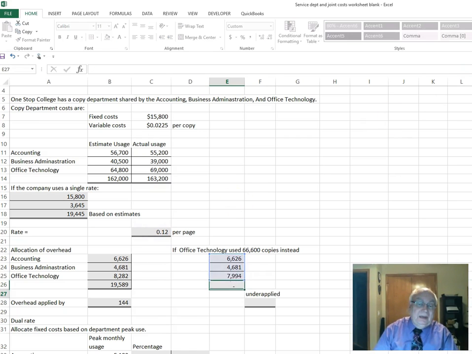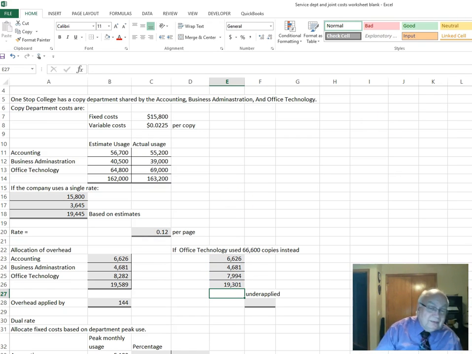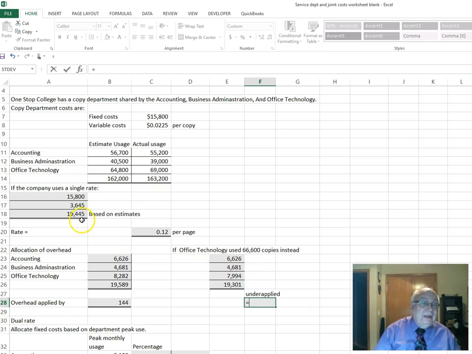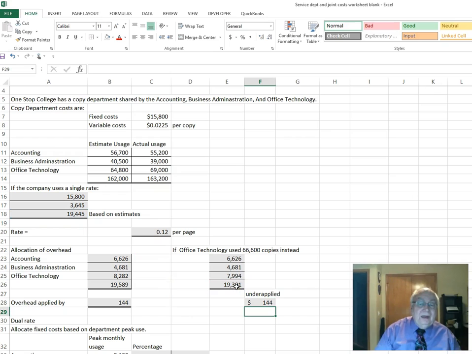We add those up, and it gives us 19,301. So what we have here is the 19,445 is what we should have had, and we applied $19,301. So it's $144 under applied in this situation.